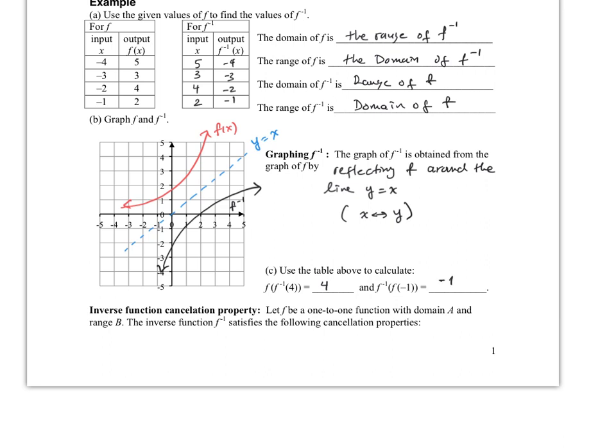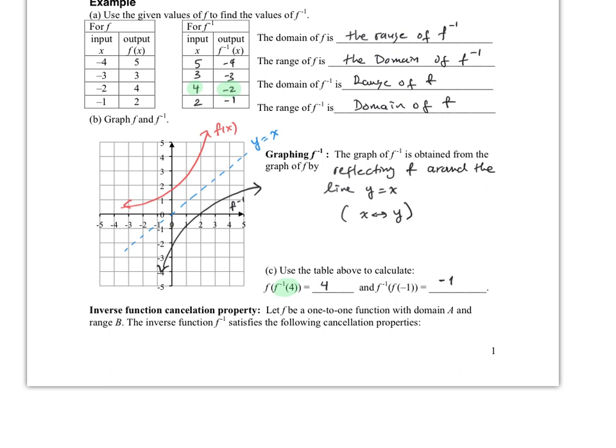For example, f inverse of -4 is -2. But then f of -2 gives you -4. So whenever these are the inverse of each other, there is no need to do any computation. Whatever is in there, that's the answer.